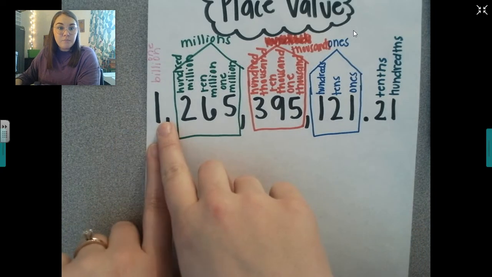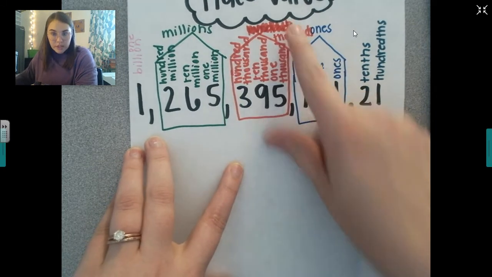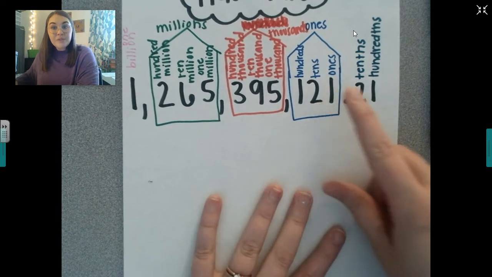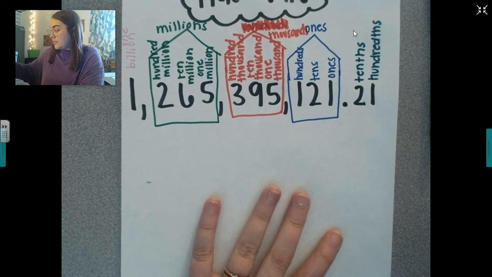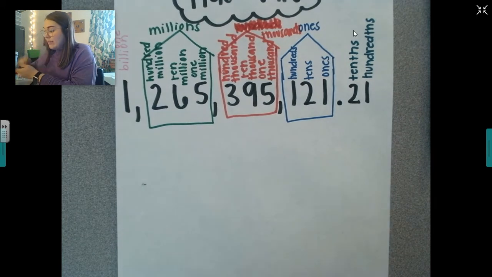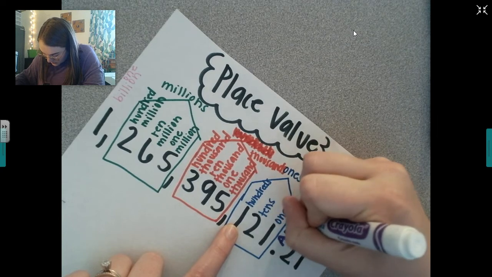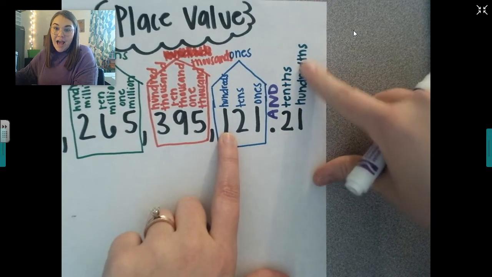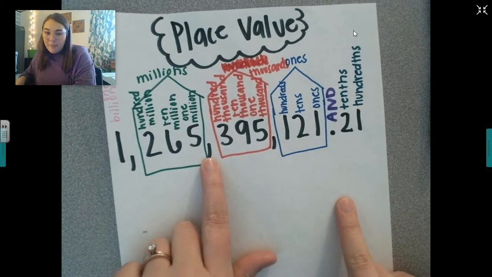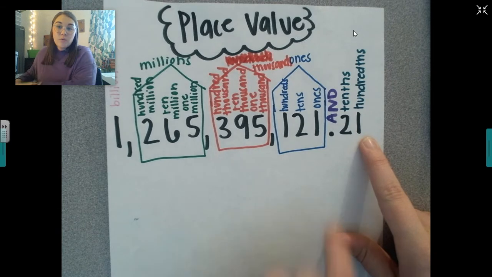So 1,265,395,121. So when we get to this decimal point, when we're reading the word out loud, we say and 21 hundredths.